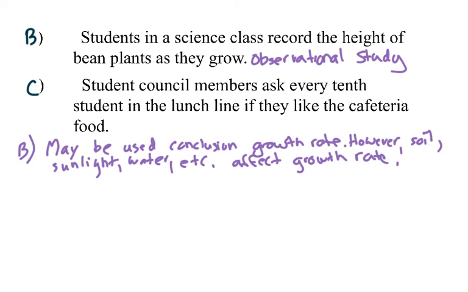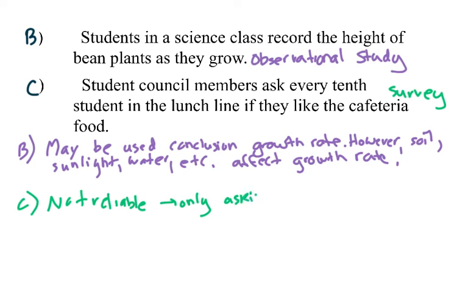And then C, student council members ask every 10th student in the lunch line if they like cafeteria food. So this is a survey because we're just asking a question. And this is probably not reliable, because we're only asking the people who are in the lunch line, not the people that brought their lunch.